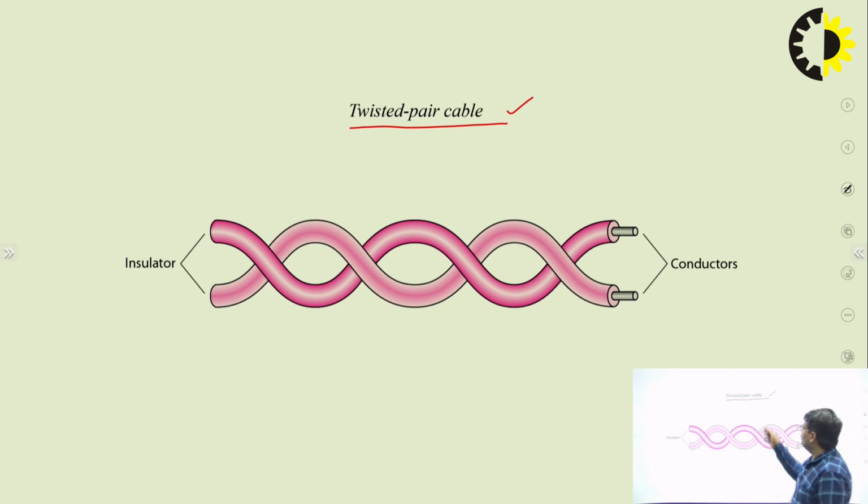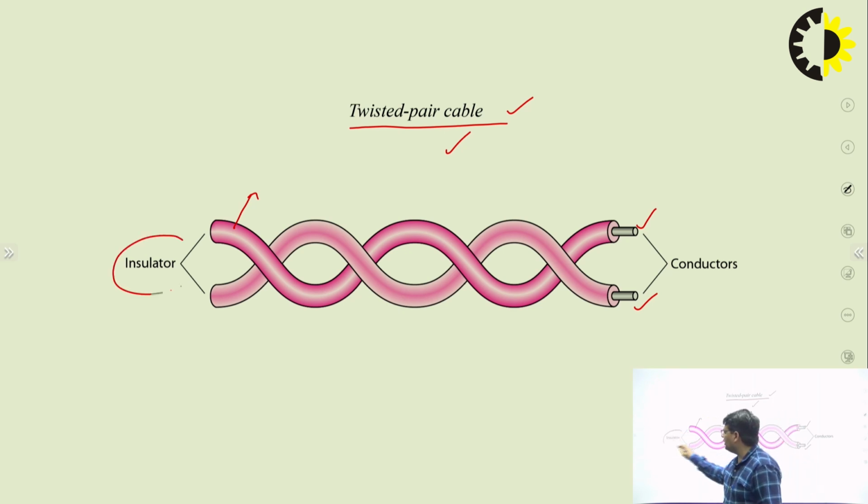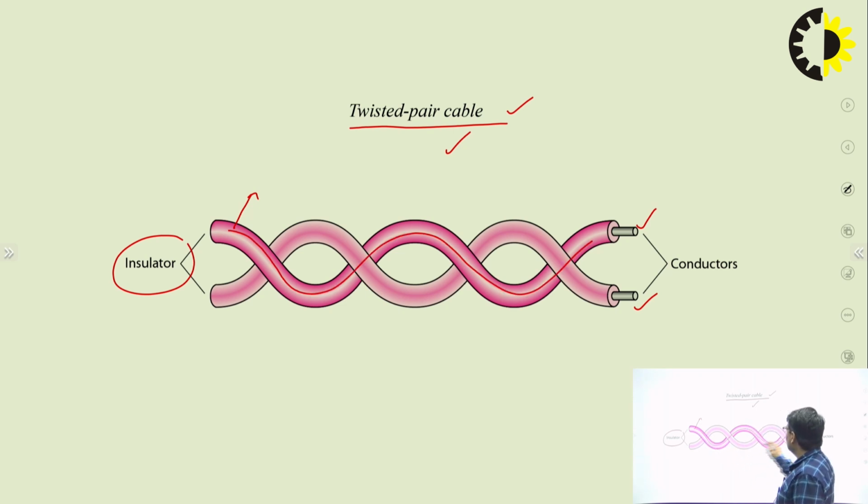As we can see, here we have a pair of conducting wires covered with insulating material, and these two conducting wires are twisted with each other. So this is one example of transmission media.